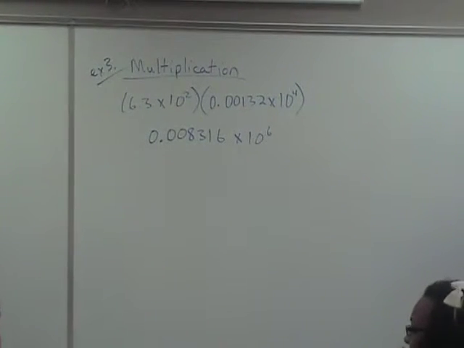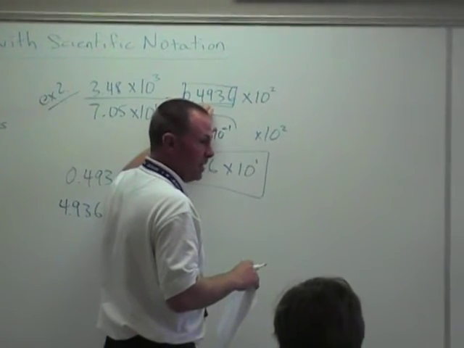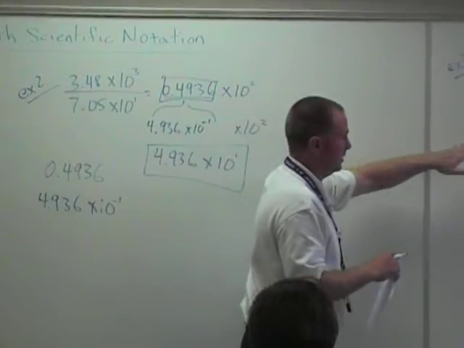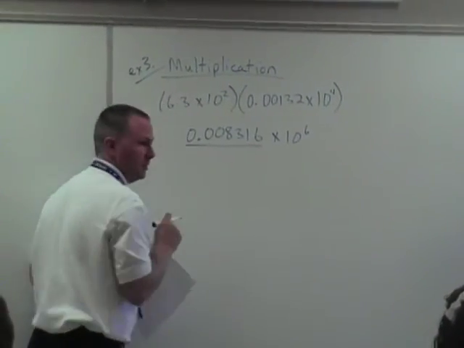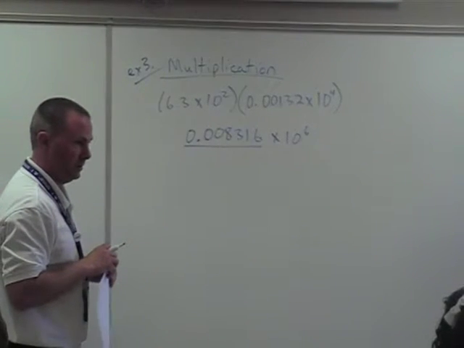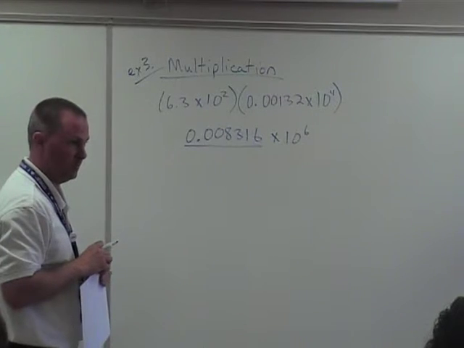We are at this step where we have a number that's not in scientific notation, and you agree with that. Is this number in scientific notation? This number right here, just this. What are the rules for something being in scientific notation? What's rule 1?